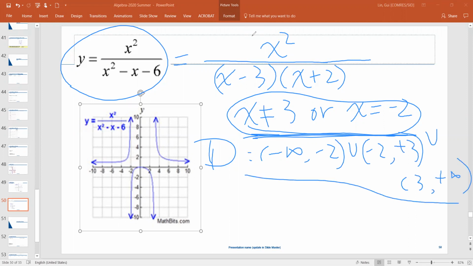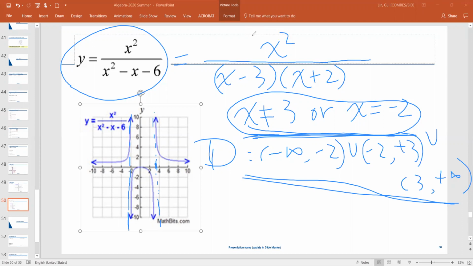So we have 3 different areas. So the graphing will be like this. You can see x equals 3 is right here, and x equals -2 will be right here.